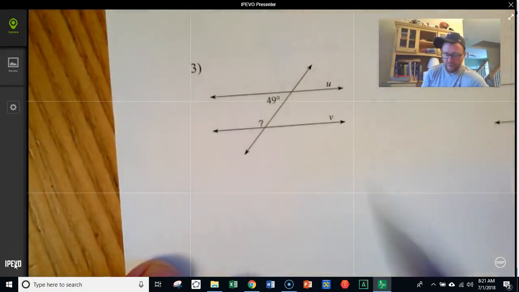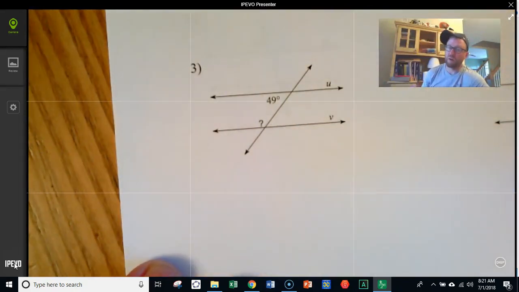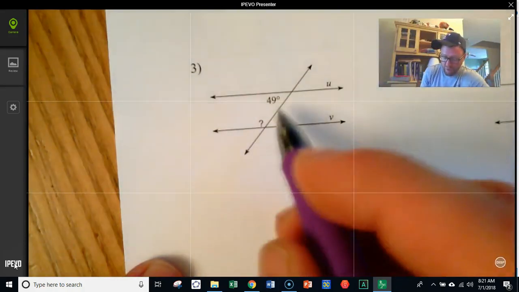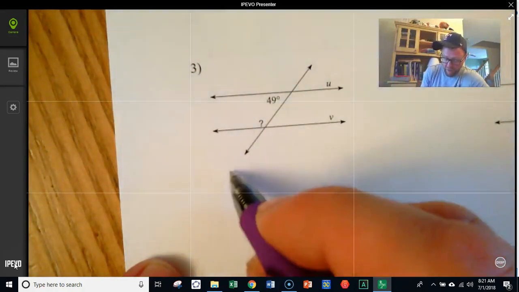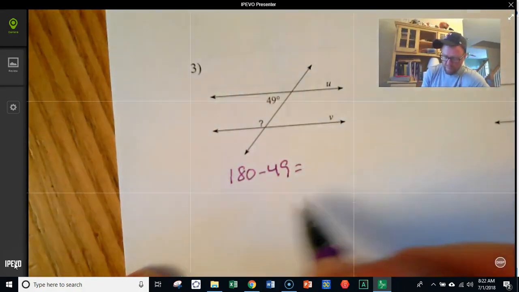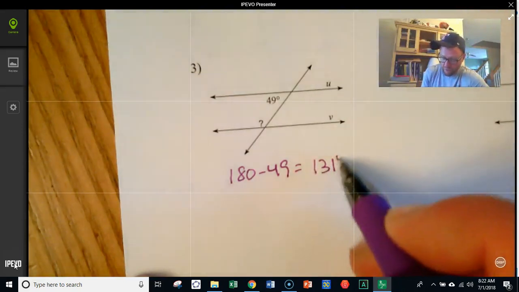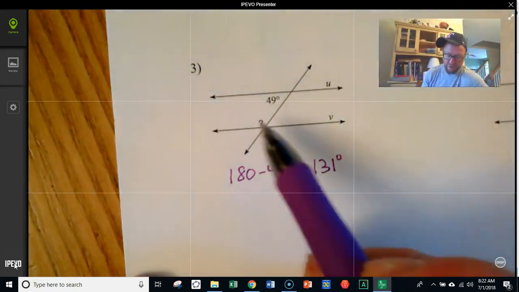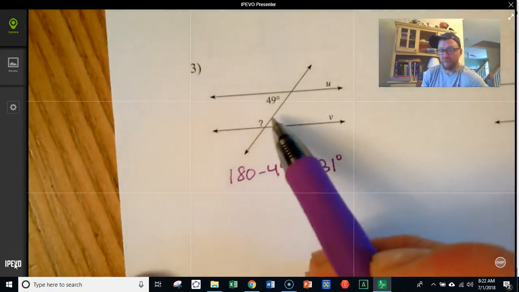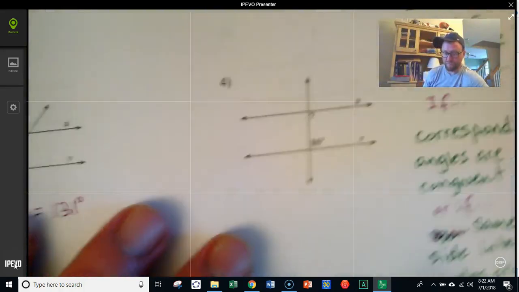Here, these are on the same side of the transversal, in between the parallel lines, so it's same side interior. So these should be supplementary. So 180 take away 49 equals 131. So if this angle is 131 degrees, then these two angles will be supplementary, add up to 180, and then the lines will be parallel.